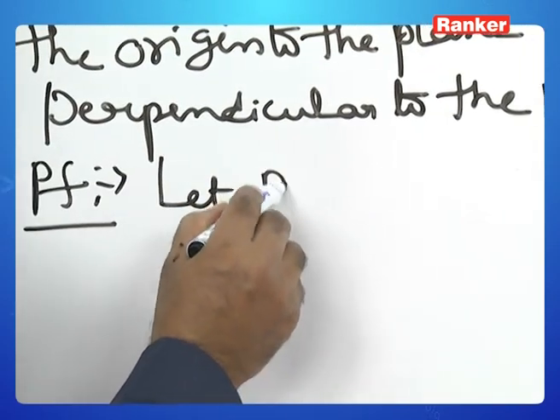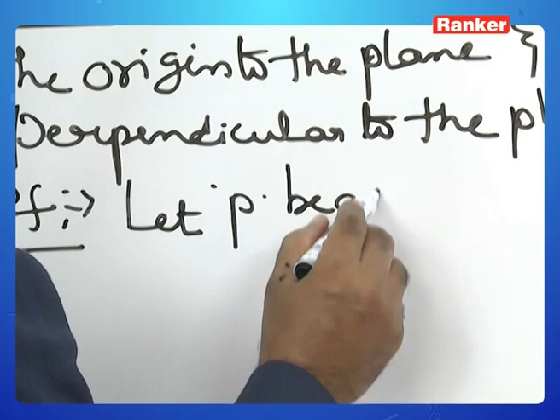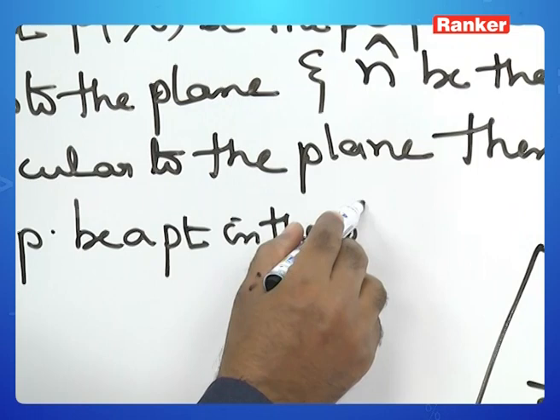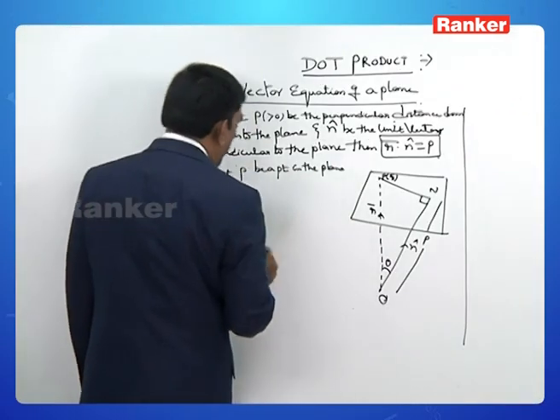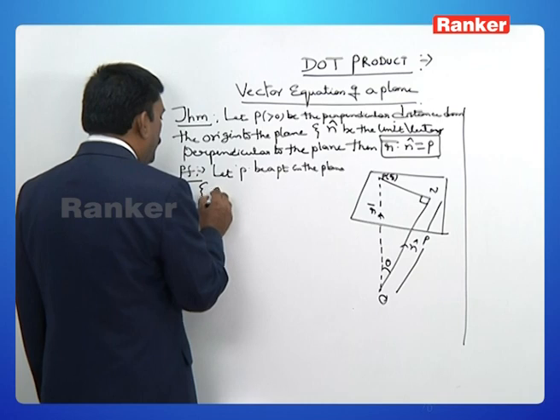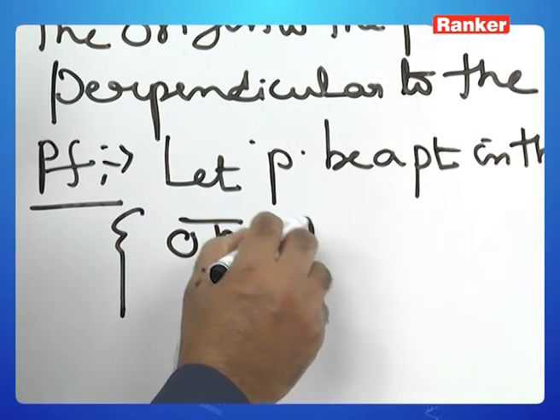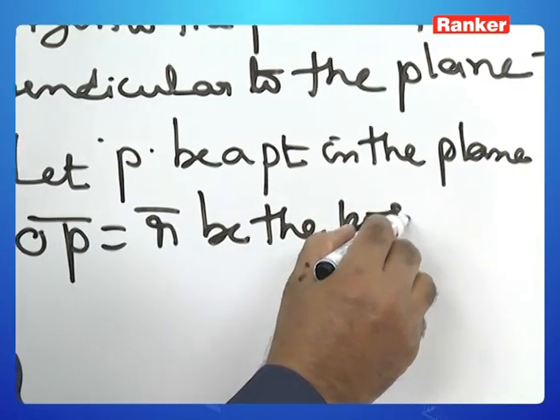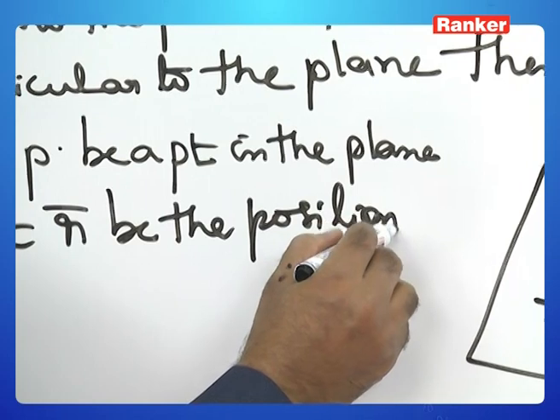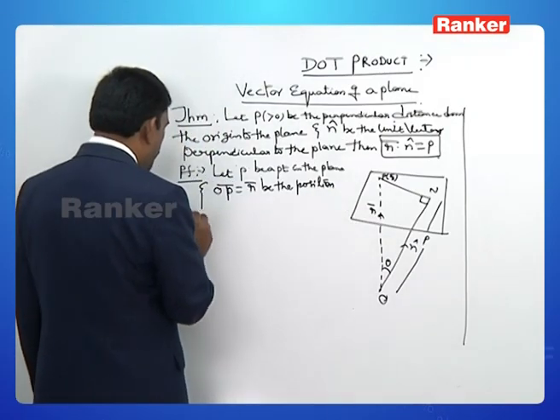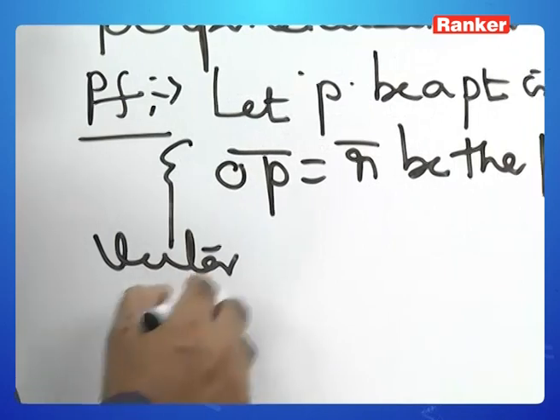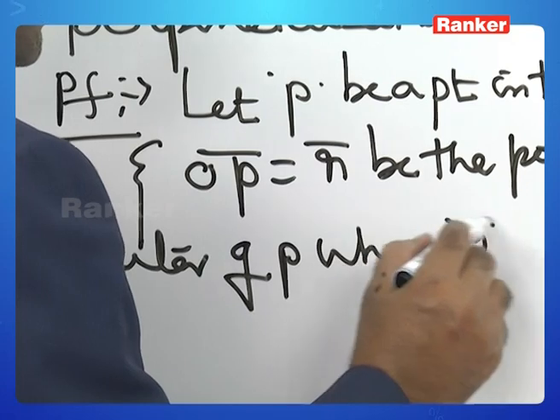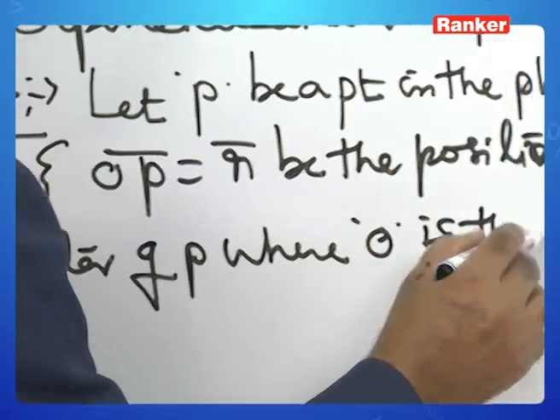Let P be a point in the plane, and OP bar is equal to R bar be the position vector of P, where O is the origin.